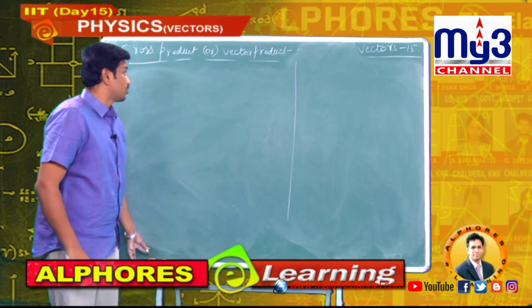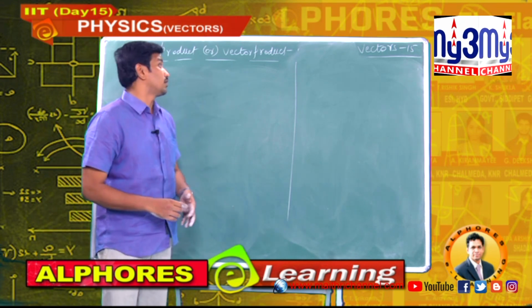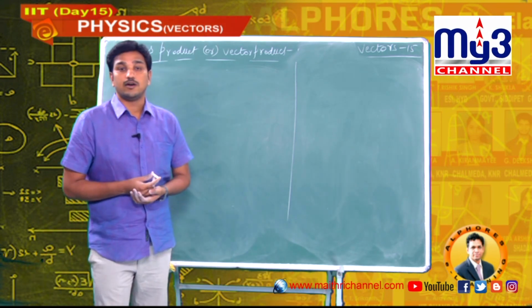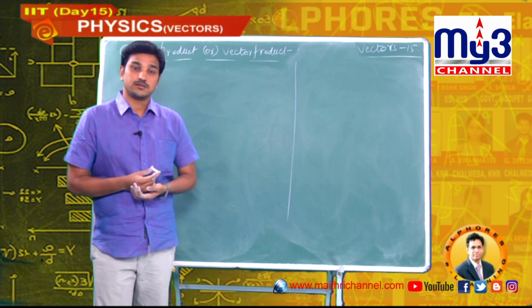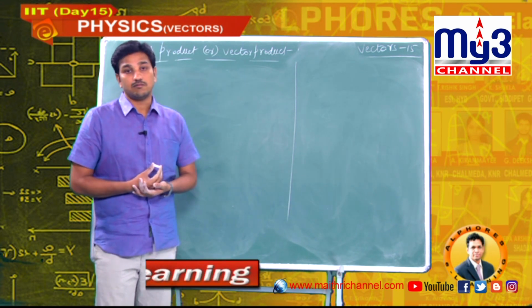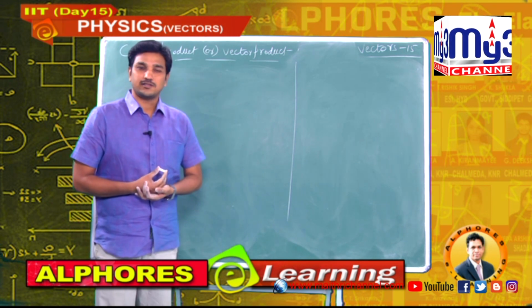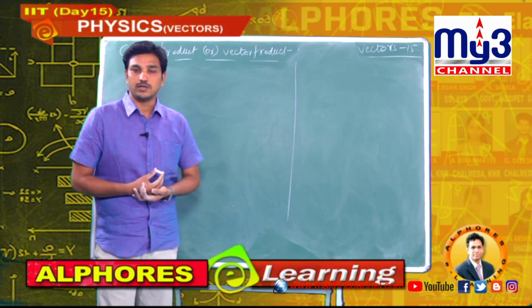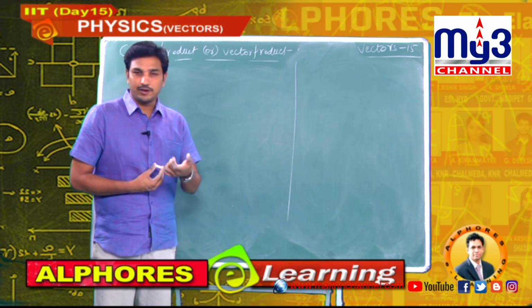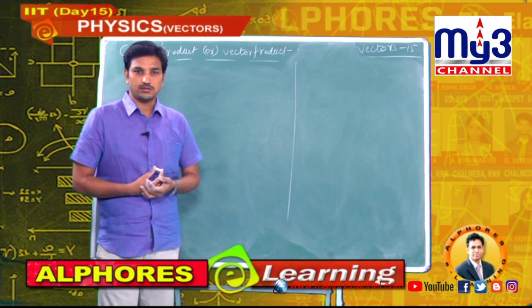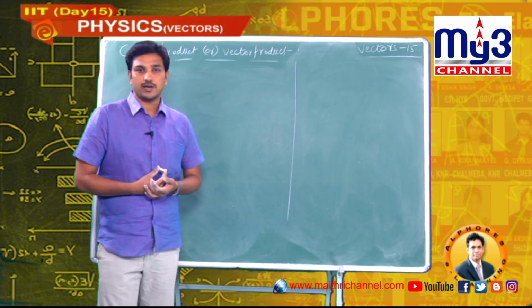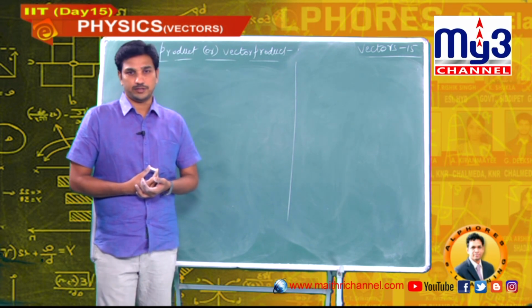See one more concept in cross product or vector product. We have scalar triple product and we have one more vector triple product also. These two are used in very few cases, that too in second year. Very few places we will use scalar triple product and vector triple product.